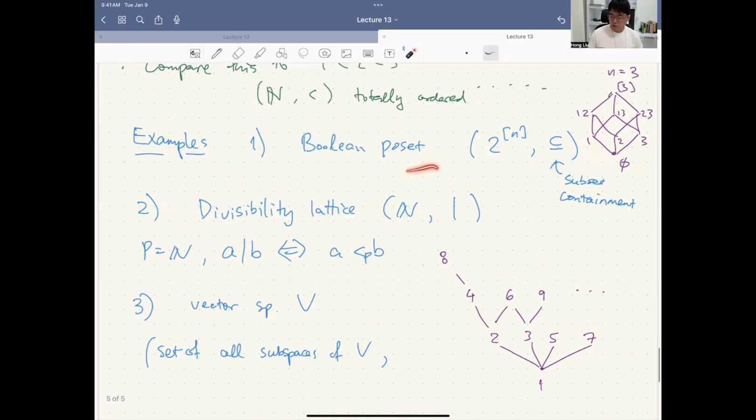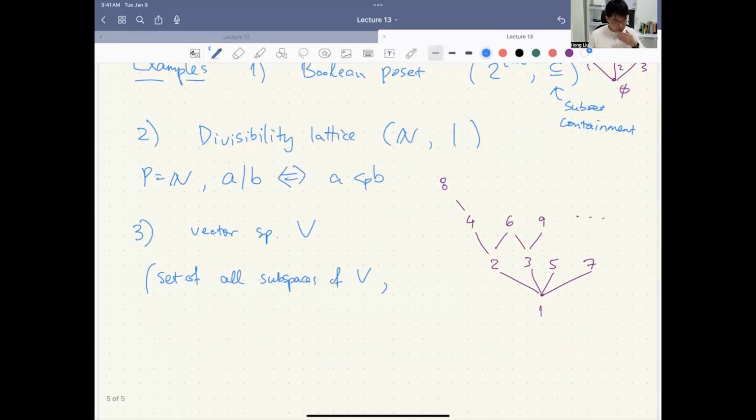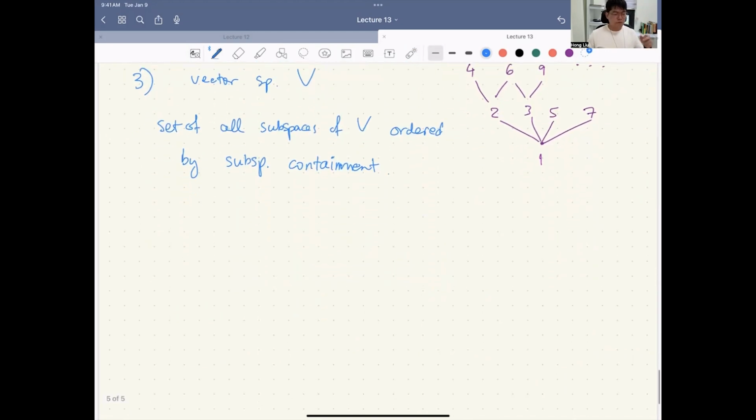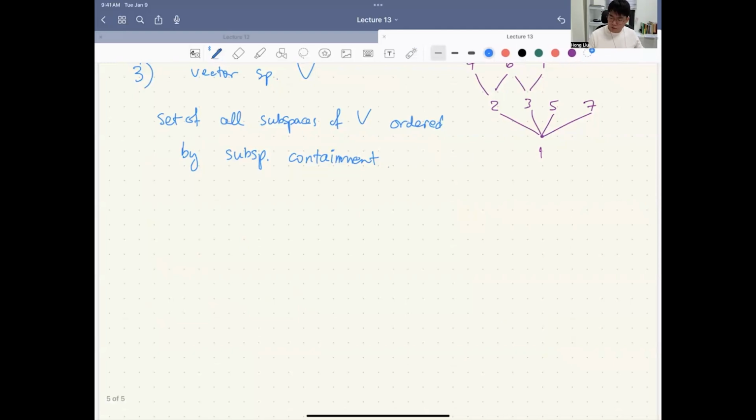Similar to the Boolean poset, if a subspace is a subspace of another subspace, then you order by subspace containment, right? Ordered by subspace containment. Here are 3 examples. I encourage you to think of more examples.